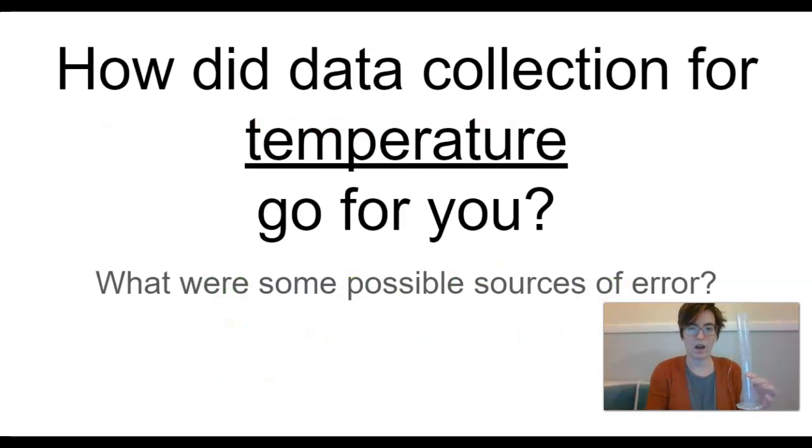So some possible sources of error here are all the same things from the first one, but also we measured in Celsius. These thermometers have both Celsius and Fahrenheit on there, so I'm sure it's possible that some folks used Fahrenheit instead of Celsius. That would be an easy mistake to make.